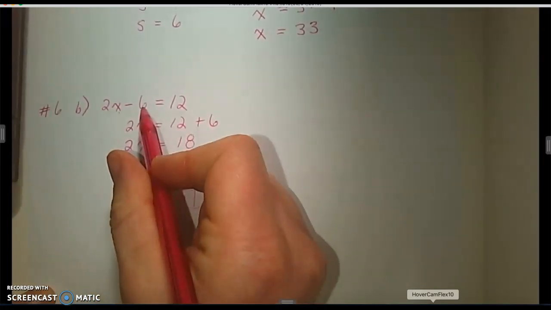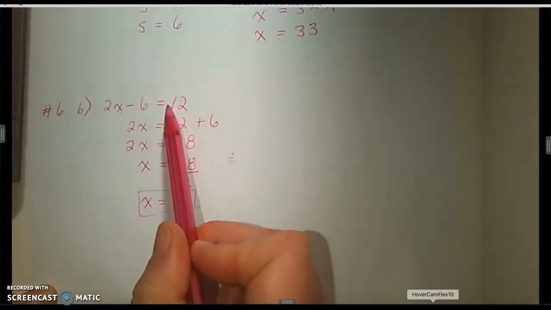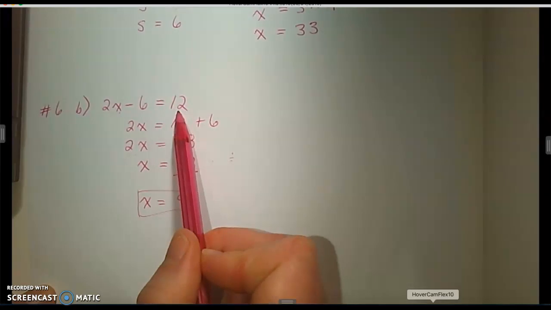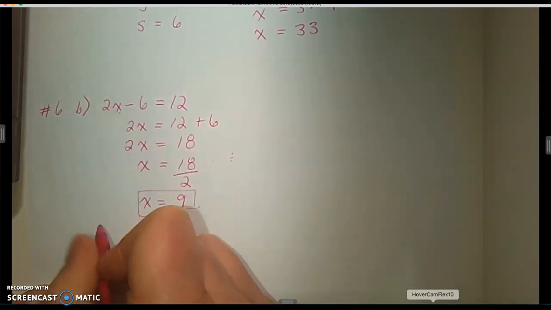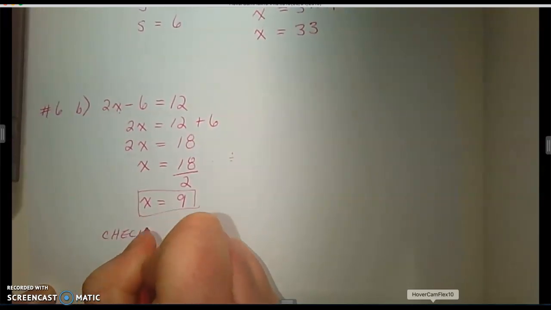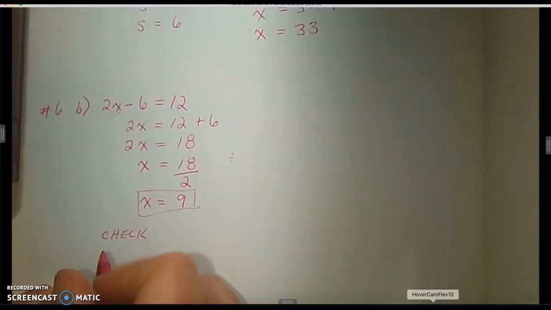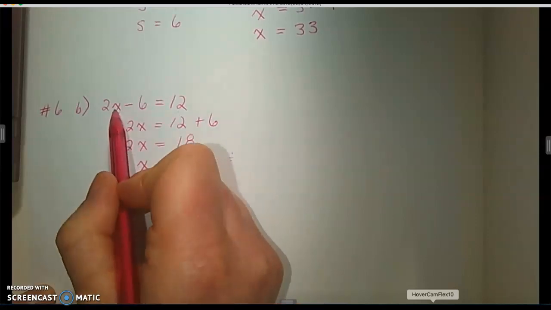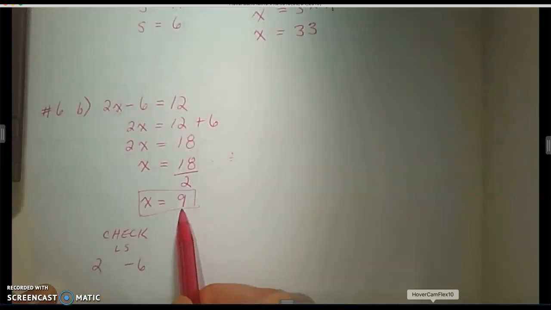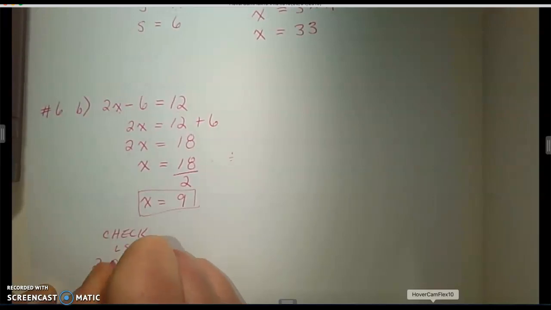To check our solution, we know the answer here is 12, and then we've got some complicated stuff here. The check means I take the left side of my equation and I rewrite the same thing, except instead of writing x, I'm going to put in the answer I got, 9.